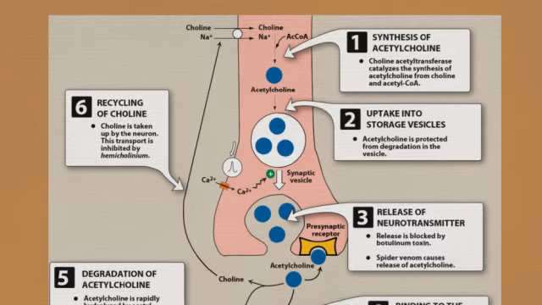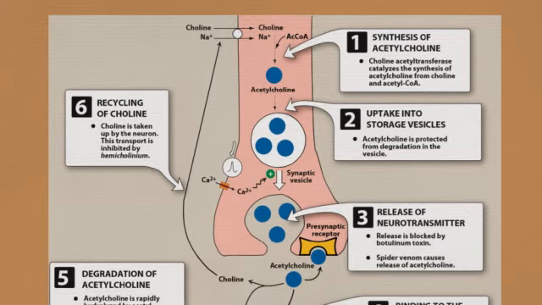In this figure, you can also see that the other source of choline is the breakdown of acetylcholine in the synaptic cleft. So choline can also be obtained from recycled acetylcholine.